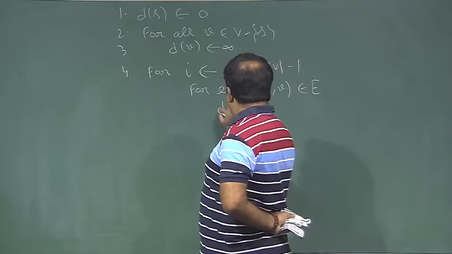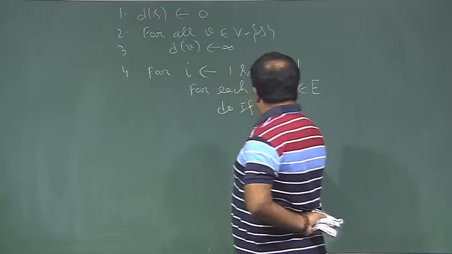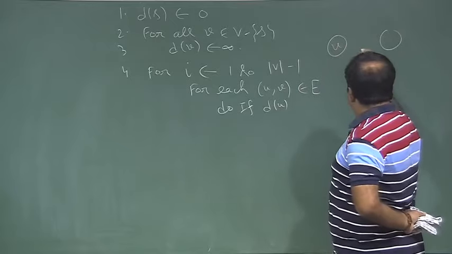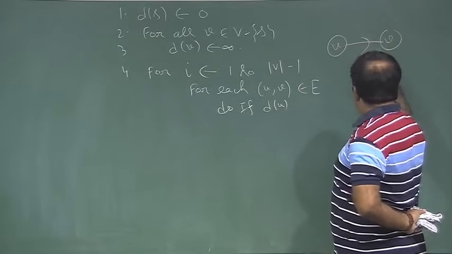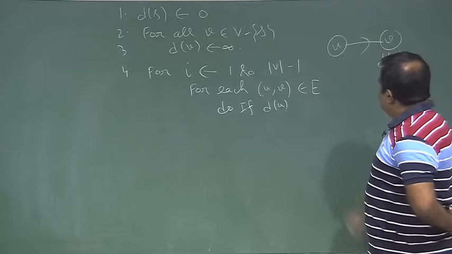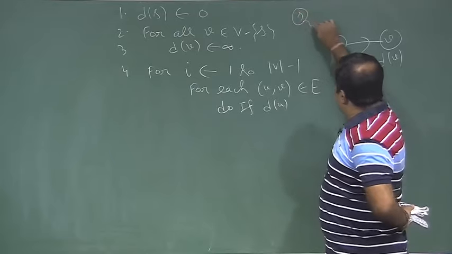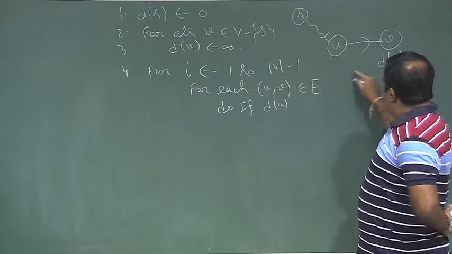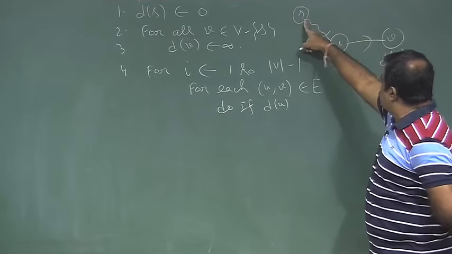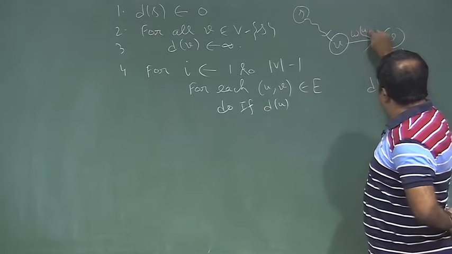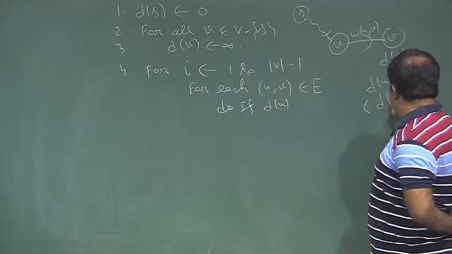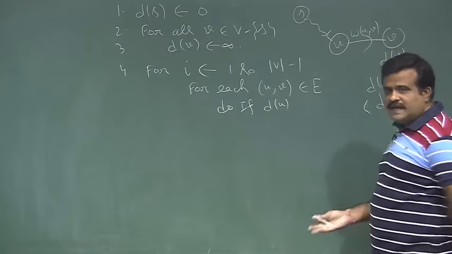We take an edge U to V. Now somewhere S is there, and this is a path from S to V: we go from S to U, then U to V. Now if this path is better than the current estimate of V, then we have to relax.